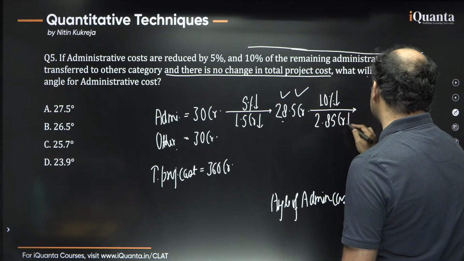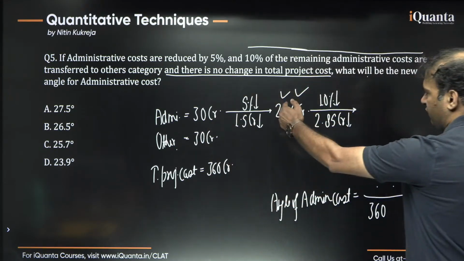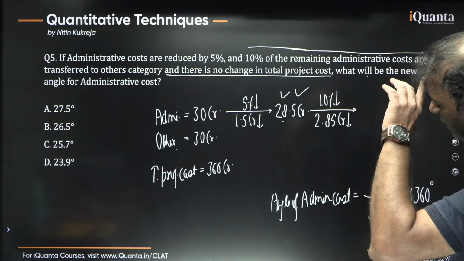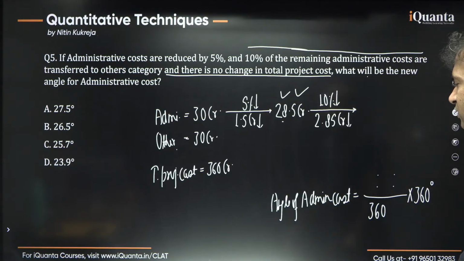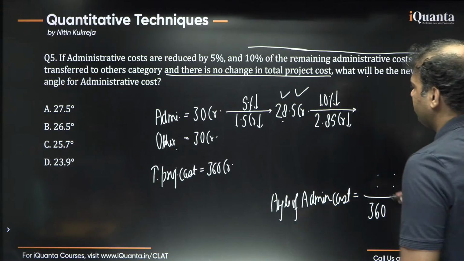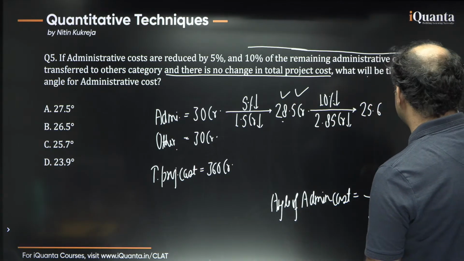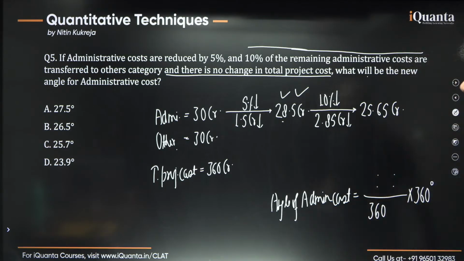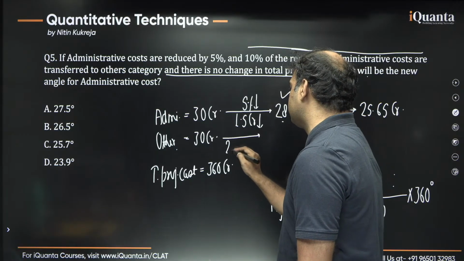So the administrative cost decreases by 2.85 crores. 28.5 minus 2.85 is 26.5 minus... 26 minus 0.35 is 25.65, all right? This will be the final administrative cost. The other cost must increase by 2.85 crores.